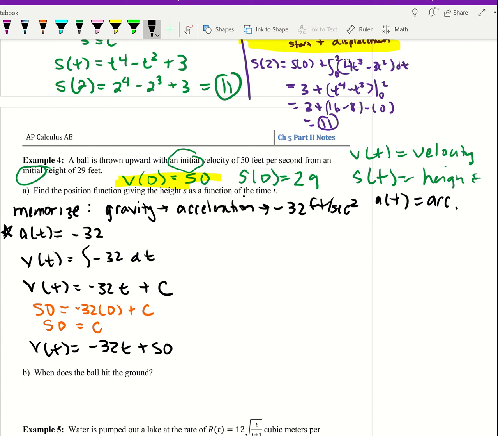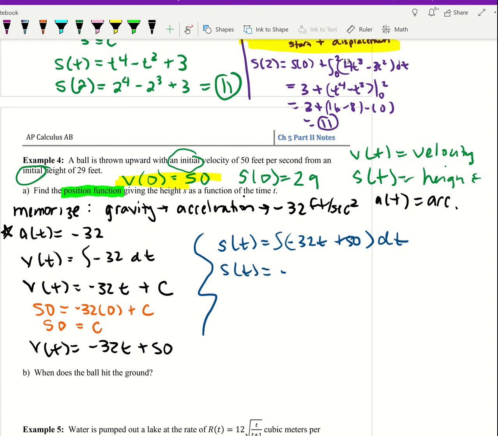That's awesome. That's not quite what I want to find. I want to find position, but to find position I do need velocity first. So now if I want to find the position, which we're calling s, I want to integrate the velocity with respect to time. So the position function could be rewritten as, using the power rule, negative 16t squared plus 50t plus c.